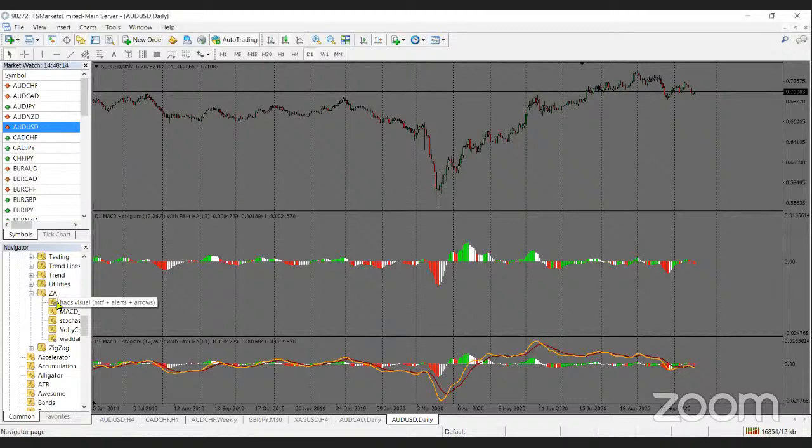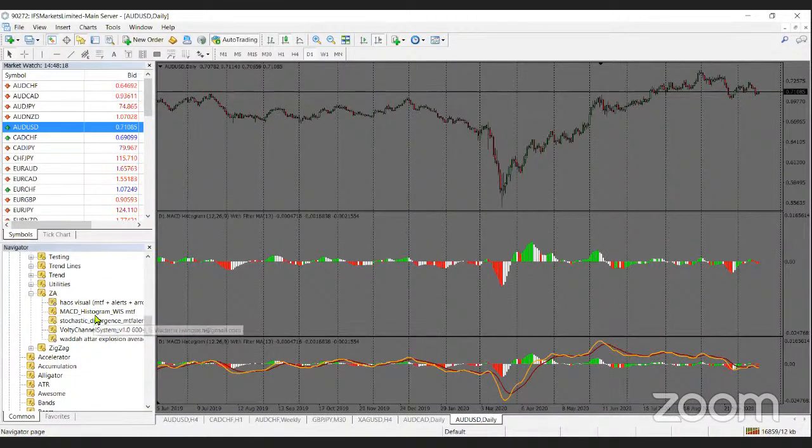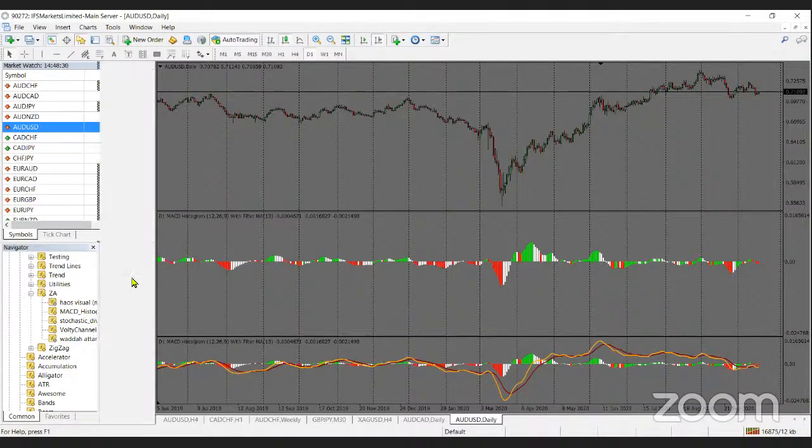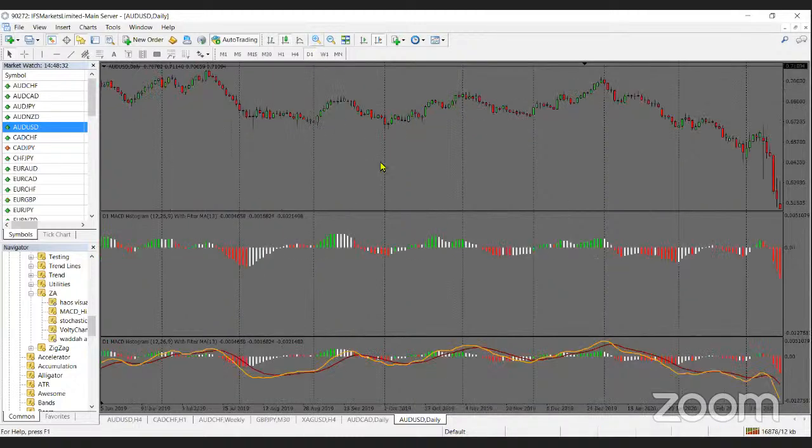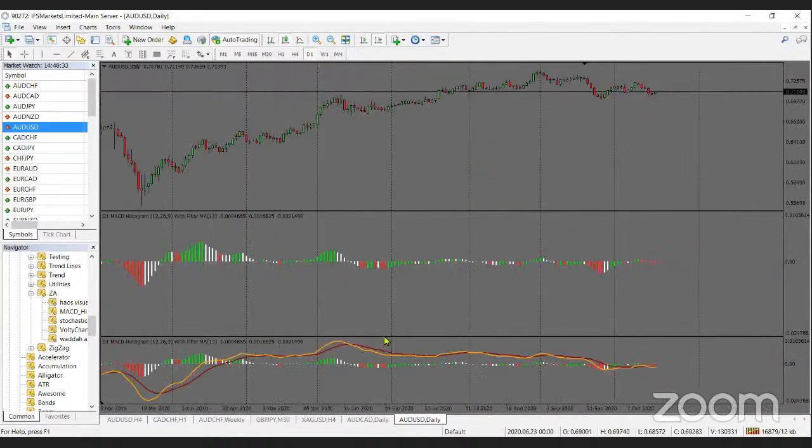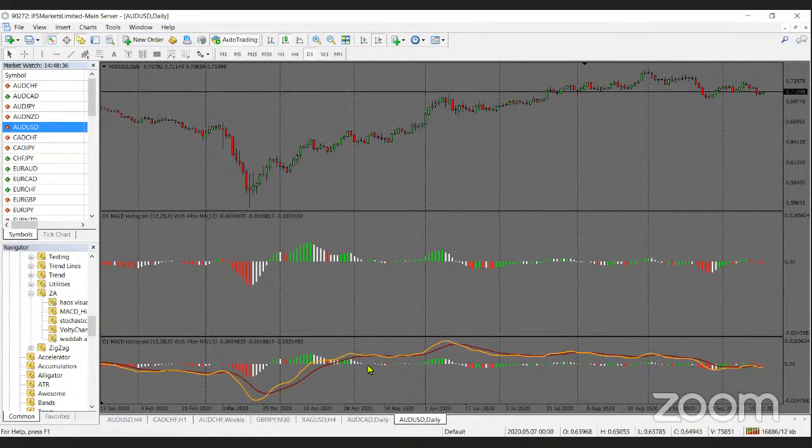So today's indicator which I'm going to share is the MACD histogram. Personally, it's probably just the visual aspect of it, I like the MACD histogram, not the MACD itself. So what's the difference? I dragged the MACD histogram onto my screen. The one below is what the original MACD looks like.